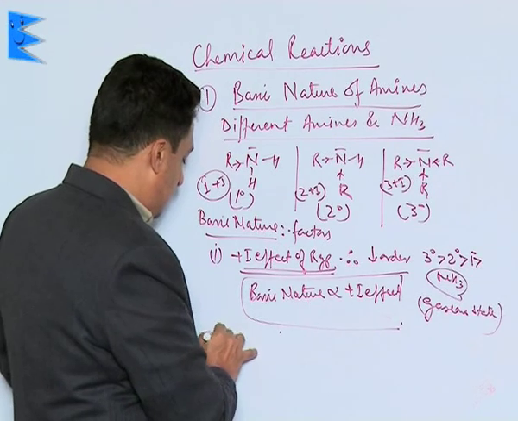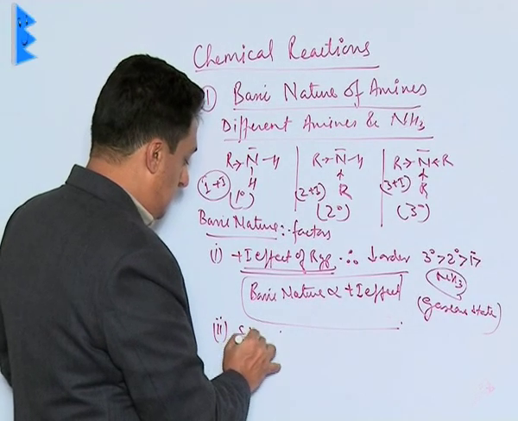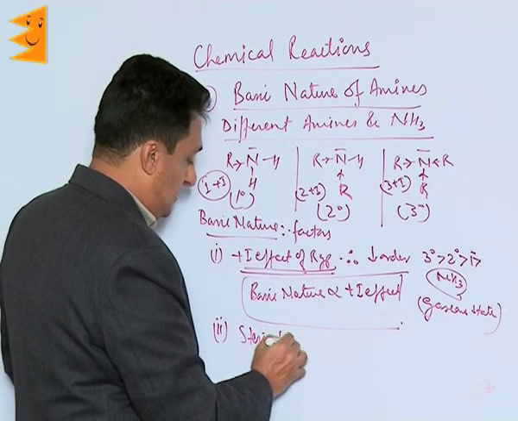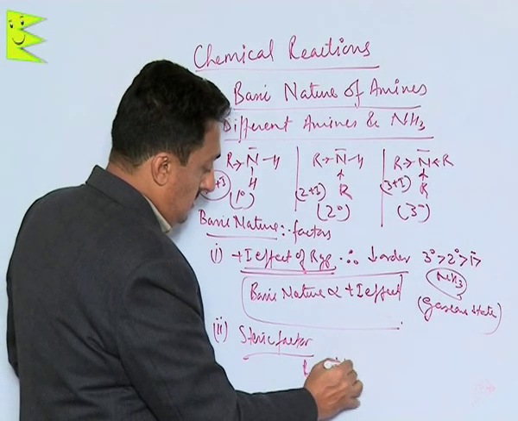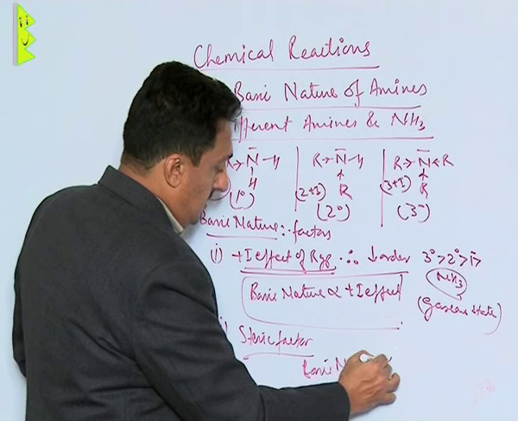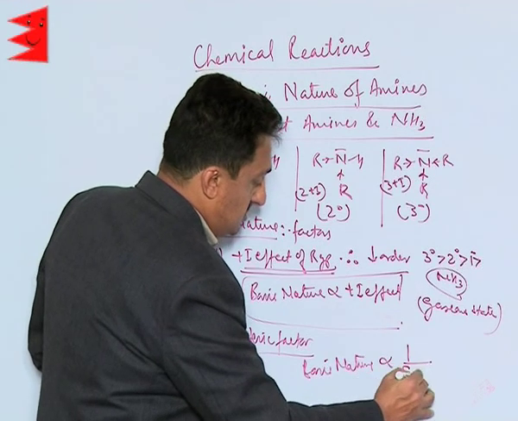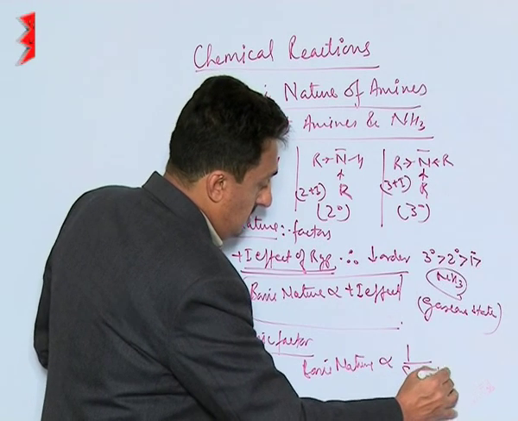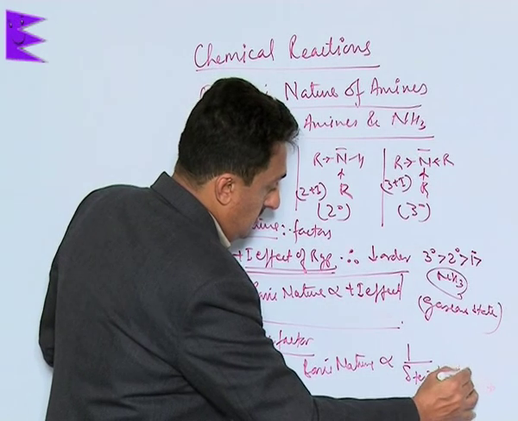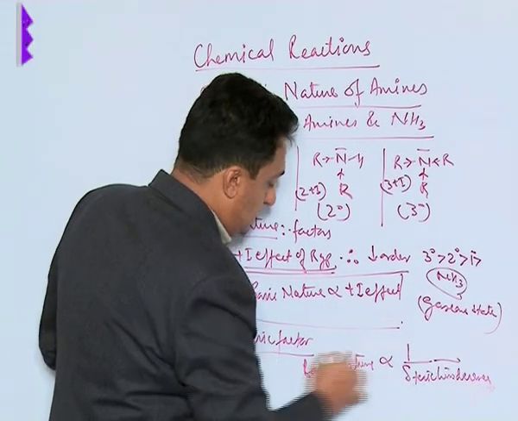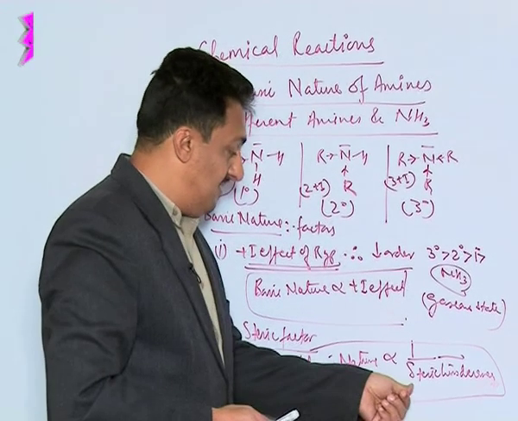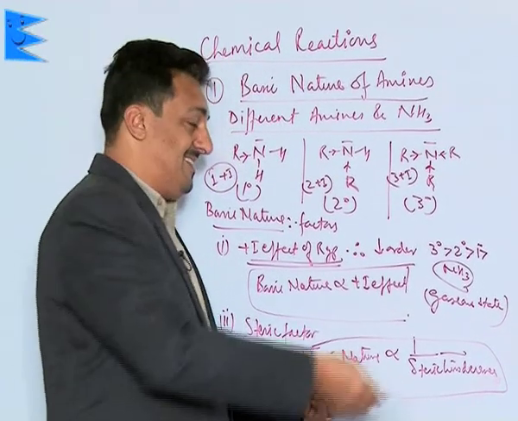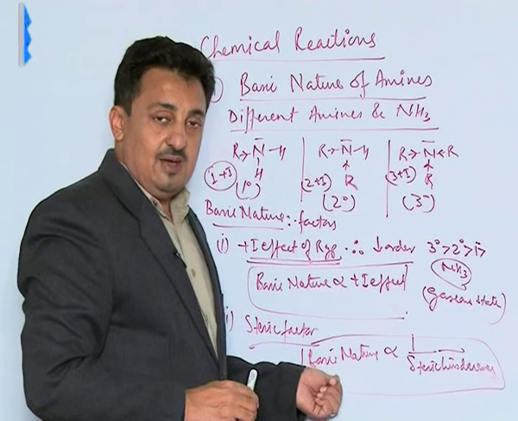The second factor is the steric factor. Basic nature is inversely proportional to steric hindrance. More is the steric hindrance, less is the basic nature, because there is less attack on the nitrogen.